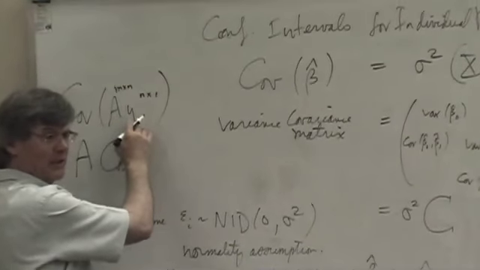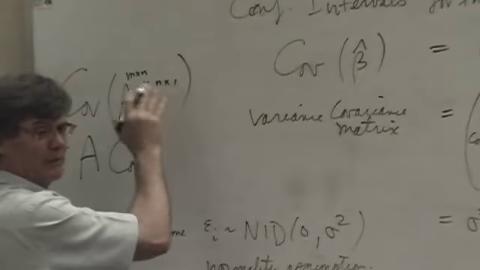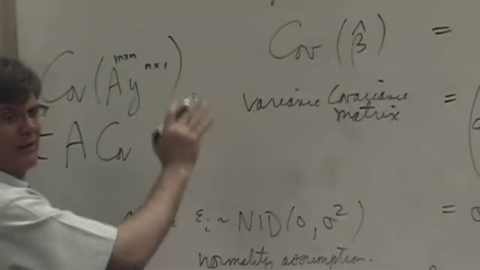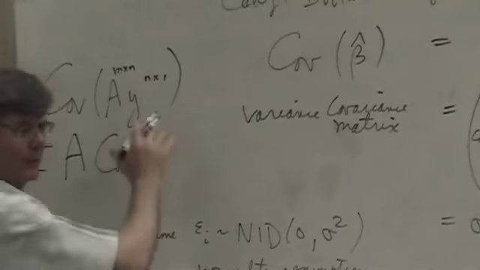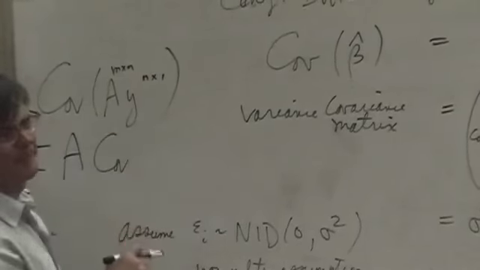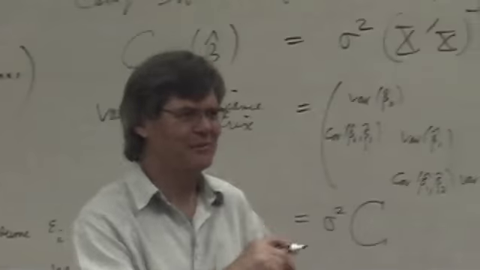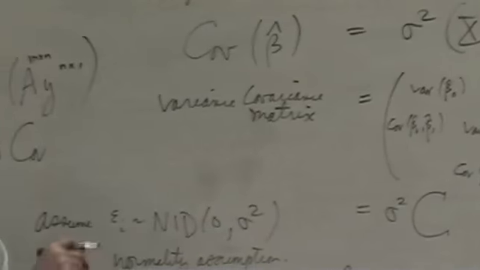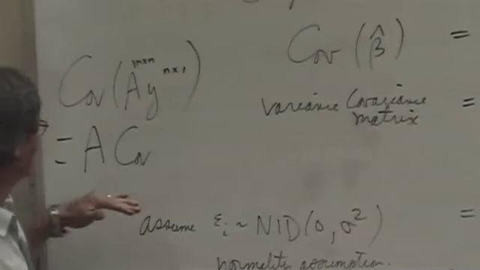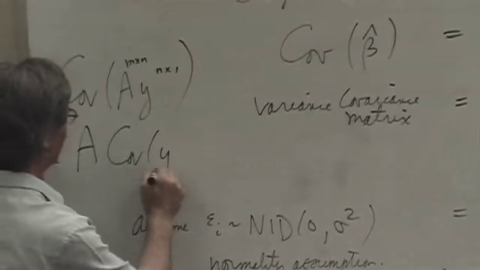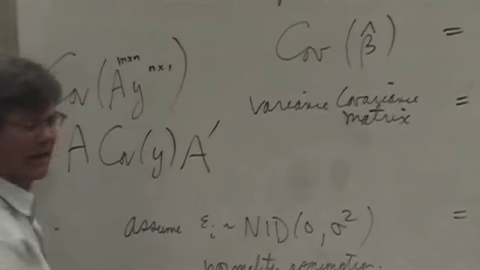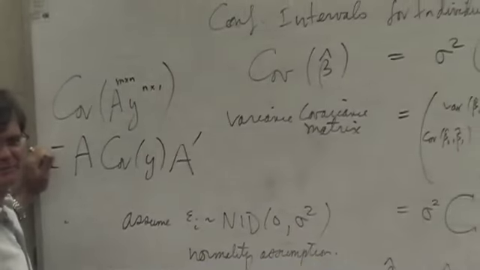When I write capital C with a vector in there, it means the variance covariance matrix of this vector. This is the handy-dandy computing formula we had last time.